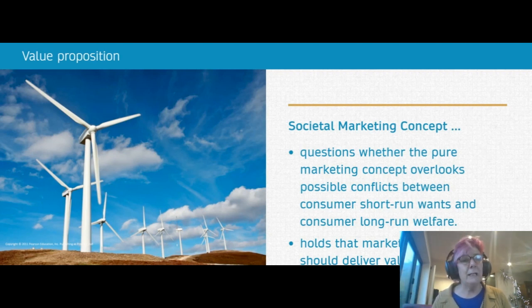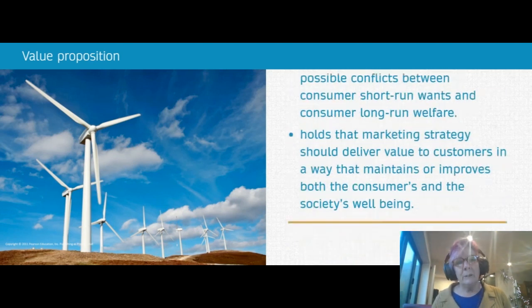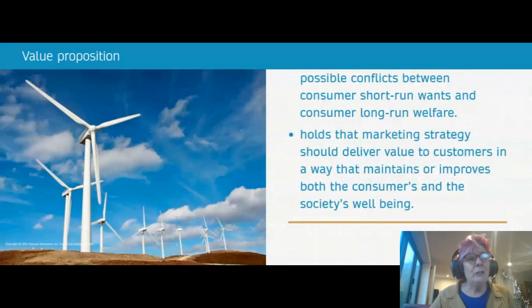We're perhaps more likely to buy recyclable products. We're perhaps more likely to buy products that are made in an ethical way. And so this value proposition holds that the marketing strategy should deliver value to customers beyond the immediate product, that has some benefit to society as well.